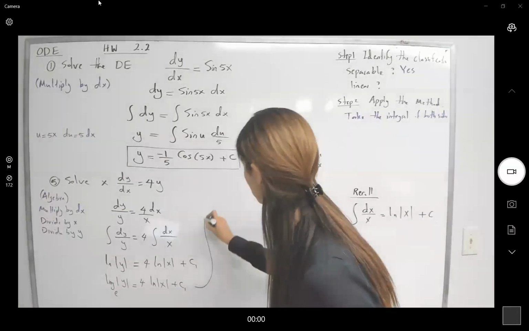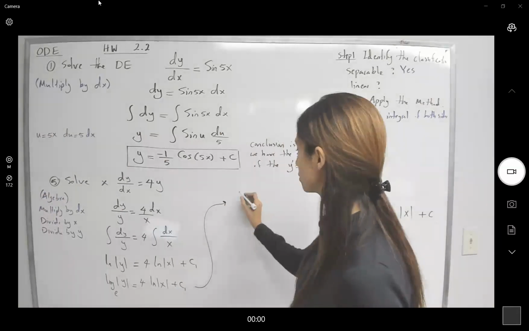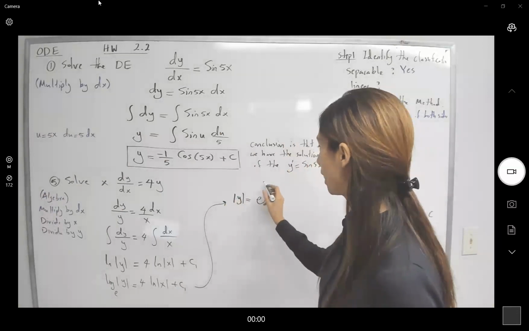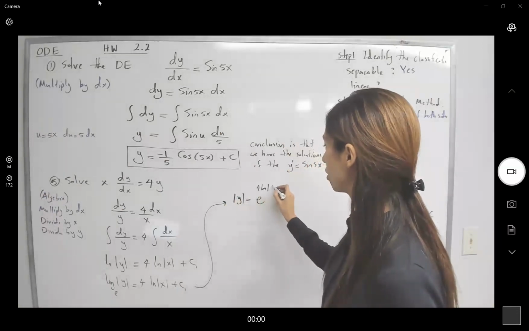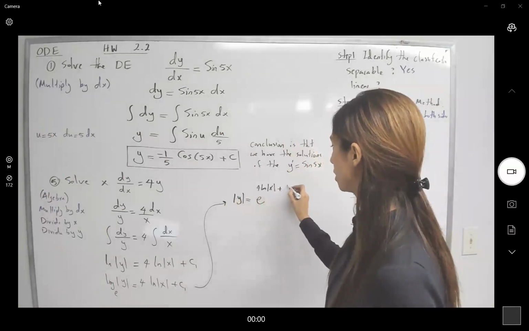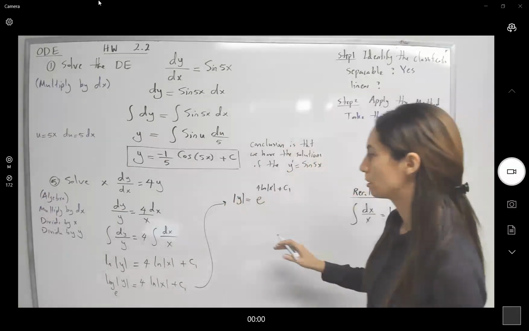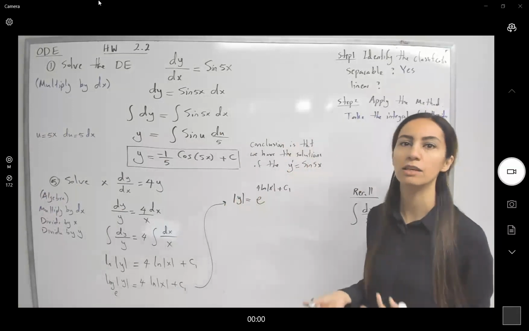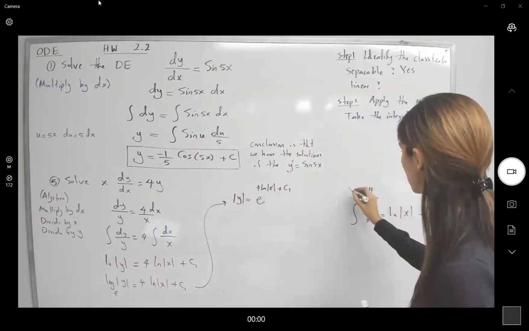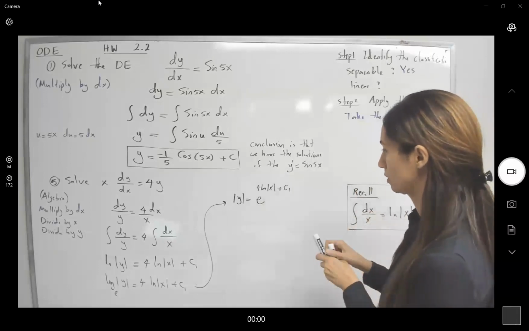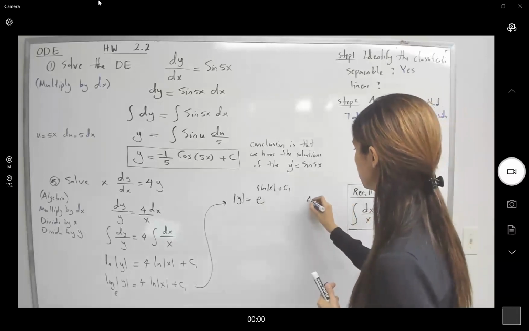Let's continue. Here you get absolute value of y equals e to the power 4 ln of absolute value of x plus c sub 1. We are just doing basic algebra. There is nothing calculus about this. Just pure algebra.